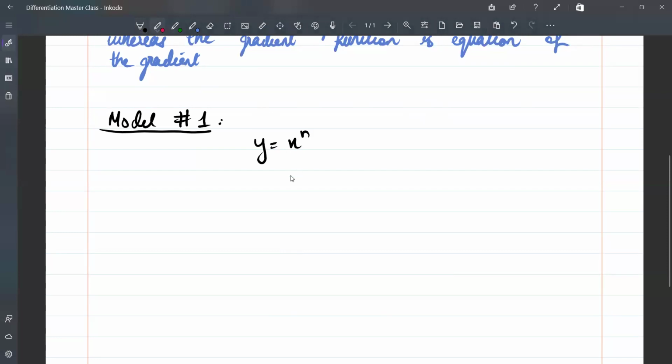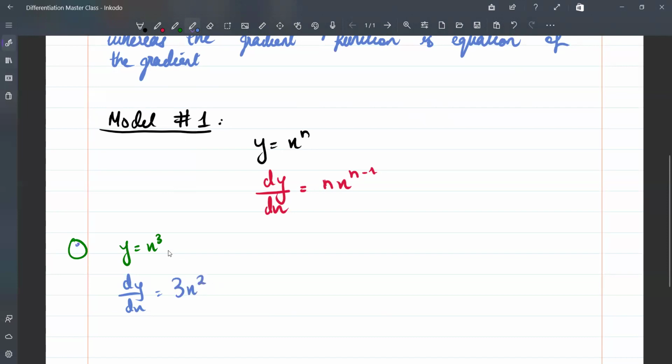So dy over dx would be n comes down, n x power n minus 1. For example, if y is equal to x cubed, dy over dx would be 3x squared.